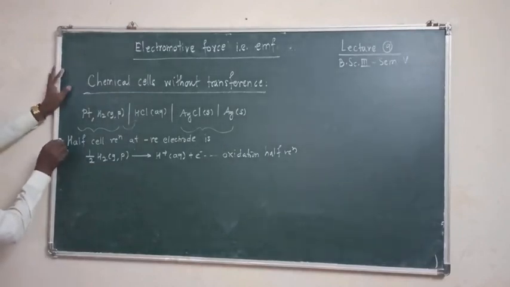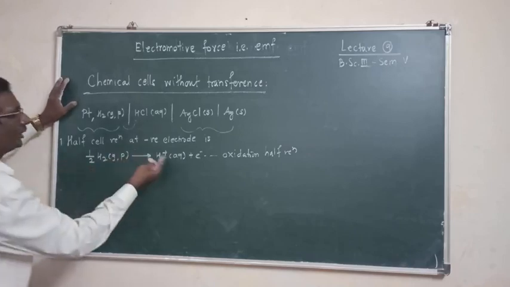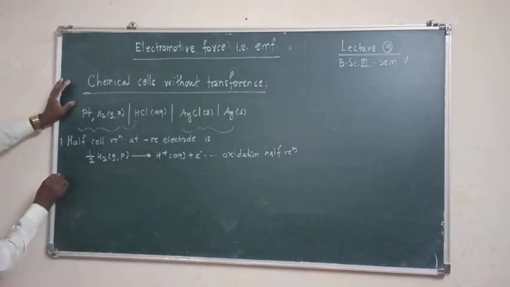Step 2. In all these electrochemical cells, there are only 6 steps. You must remember them sequentially. The first one is the half cell reaction at the negative electrode. The second step is the electrode potential.